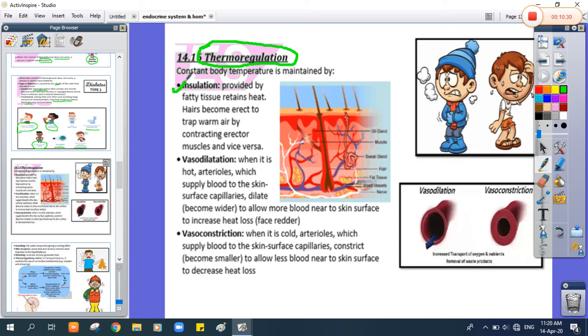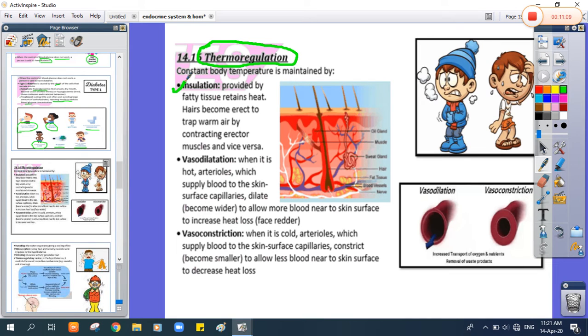So insulation means that the fatty tissue will keep the heat inside your body, and you can notice this property in the animals that live in cold areas like Antarctica. The animals there are characterized by an insulation property. What is insulation property? The fatty tissue inside their skin keeps the heat inside their body.